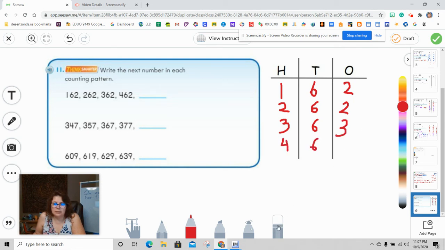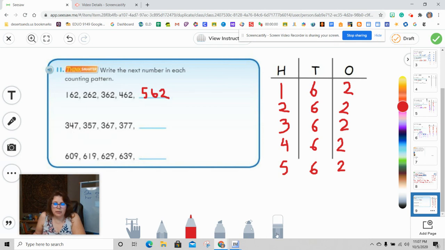I made a mistake. I got carried away there. Okay, so now what would be my next number? Now, the tens and the ones place stay the same. The only one that changed. So now it will be 562. So that's what I write right here. 562.